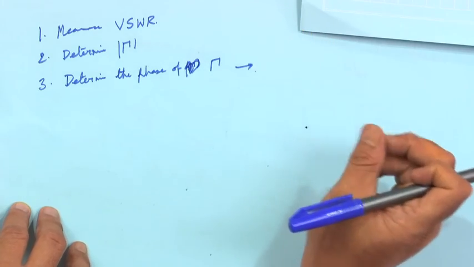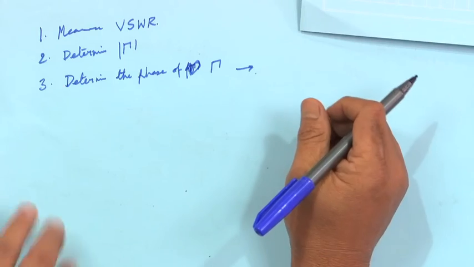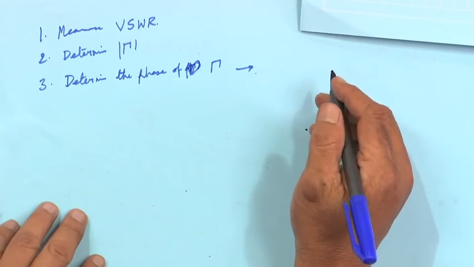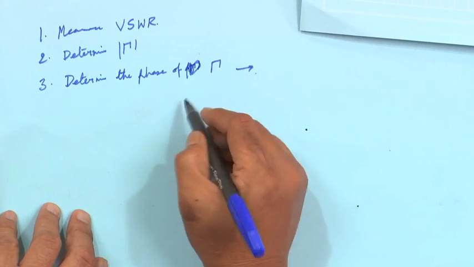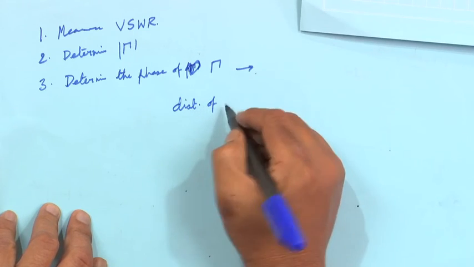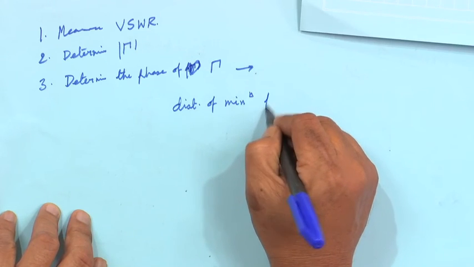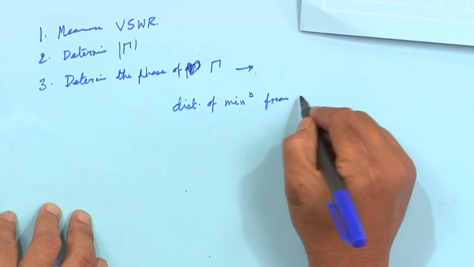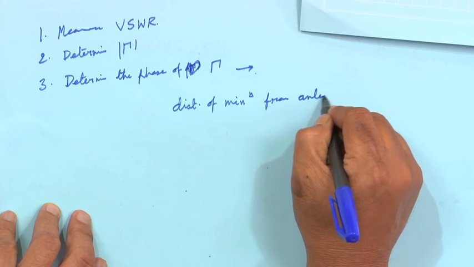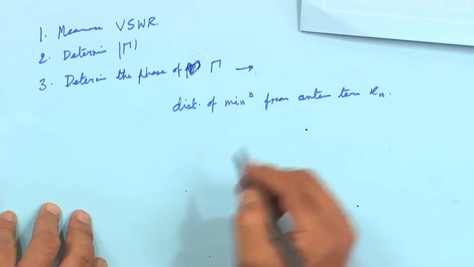Now, if that is too small, then you take some integral multiple of that, and let us say that the distance of the minima from the antenna terminal is x n.